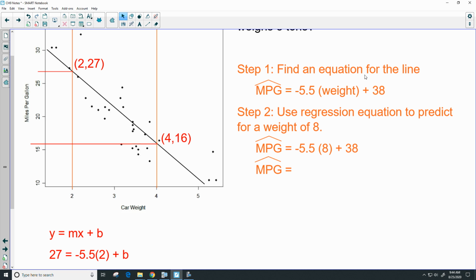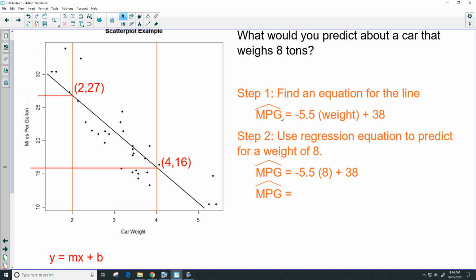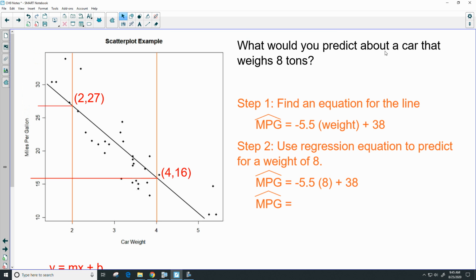So if the equation is negative 5.5 times the weight plus 38, and I want to know, the question says, what would you predict about a car that weighs 8 tons? So I'll just plug 8 in for the weight.